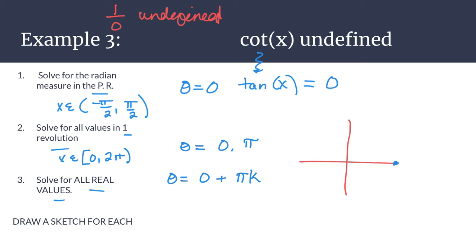We have a solution at 0 and pi. Notice that those are exactly pi units apart. They're on the same spike, so my end changes to pi k. That distance between them is pi. I can get to the next value in the revolution.